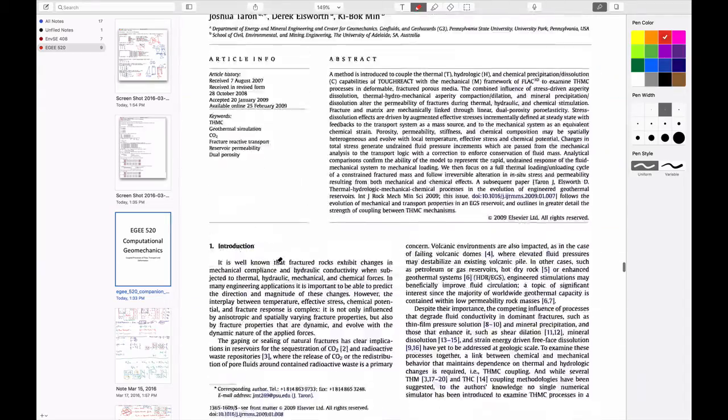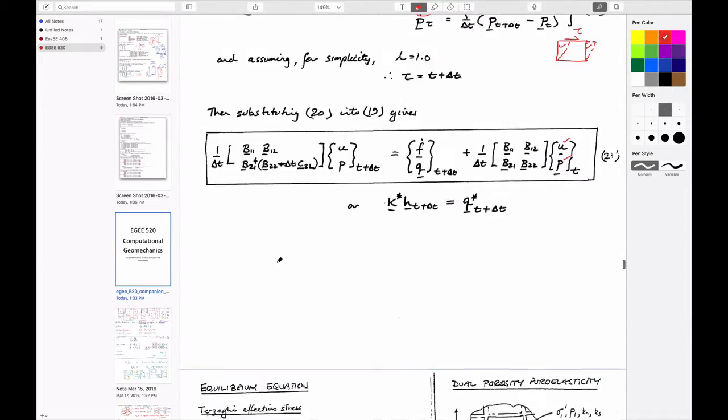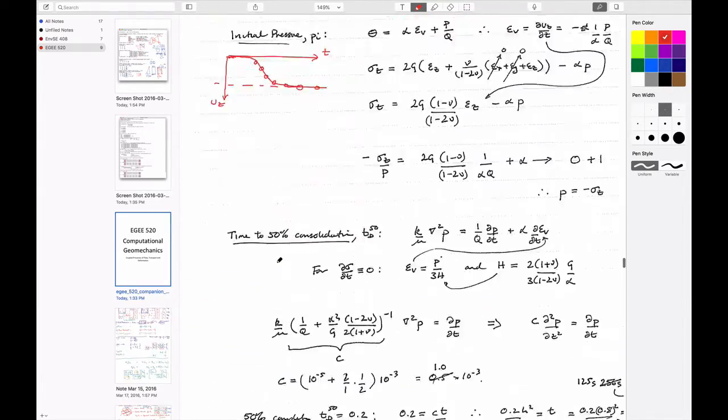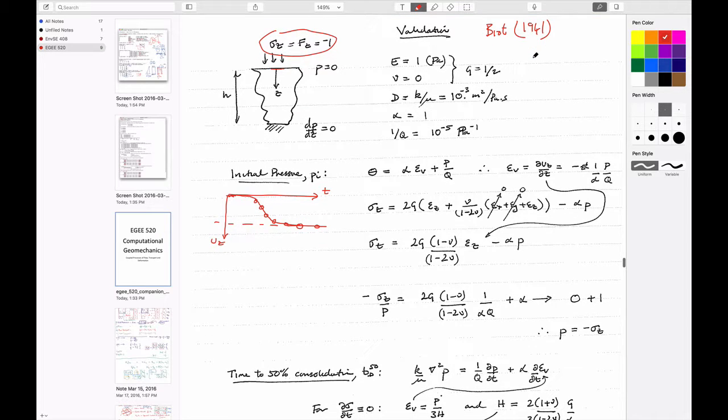Is this little verification example which exists just before this here. So in other words, if you look at Biot's paper, which this is just drawn from, this is Biot, 1941, I think. Not even I was born then. I know you weren't.